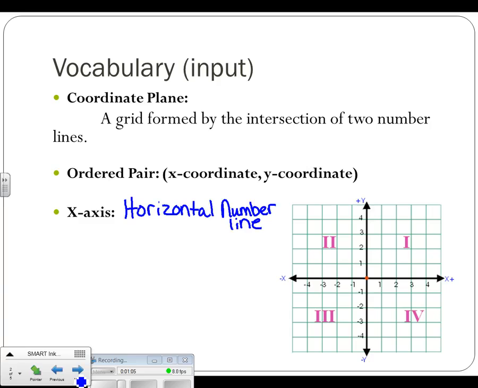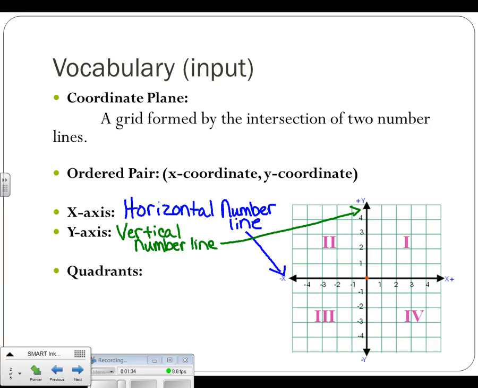So here is our x-axis right here. That's the horizontal number line. Your y-axis is your vertical number line. And so if I take here and draw an arrow, here is where our y-axis is.